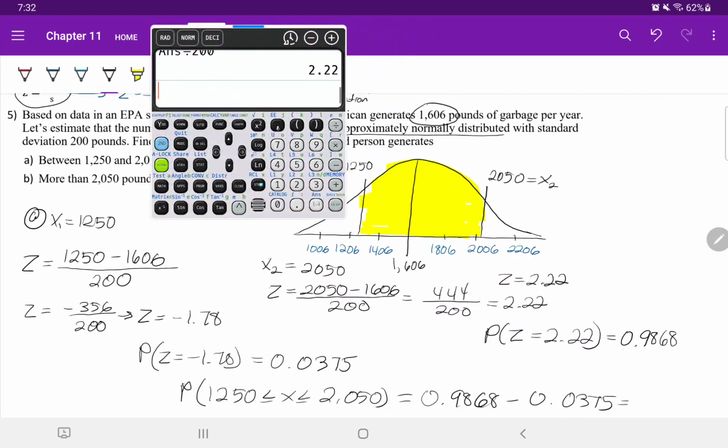Let's subtract those values. Let's first clear the calculator. So 0.9868 minus 0.0375 equals 0.9493.